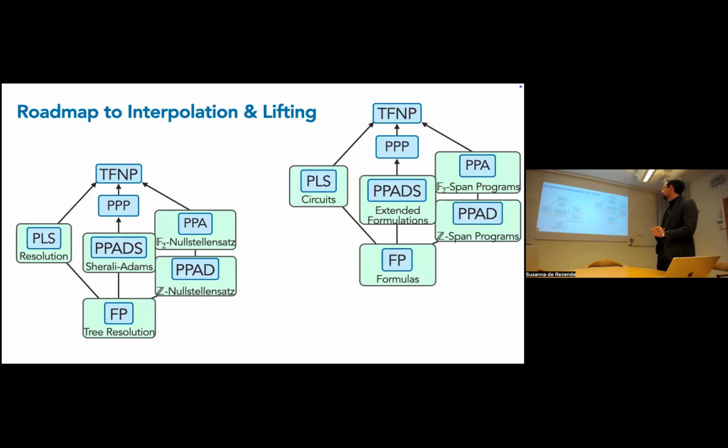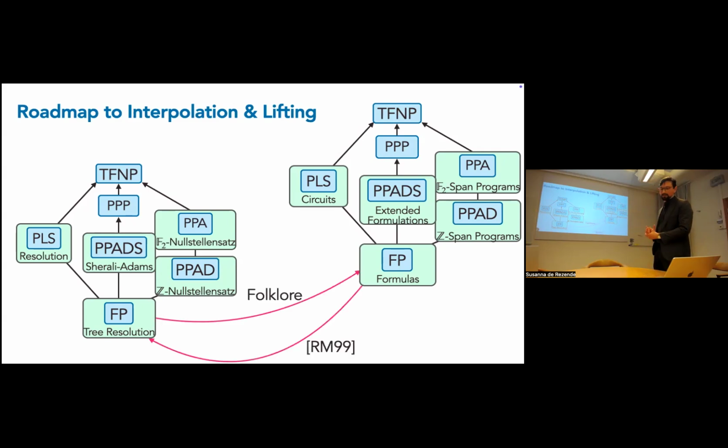Okay. And so this gives us a roadmap to these lifting and interpolation theorems, which connect circuit models to proof systems. And why is this? Well, every time we've had a characterization of the black box in the communication world, we've gotten a lifting theorem and an interpolation theorem between the corresponding models.